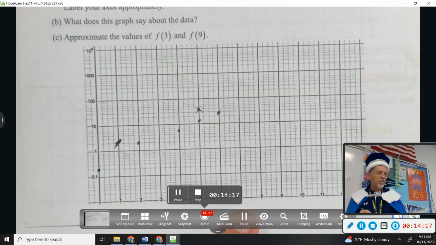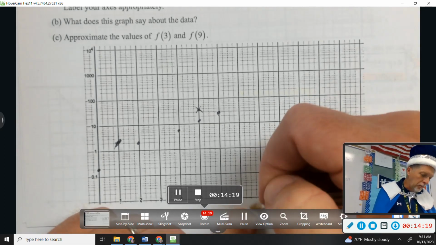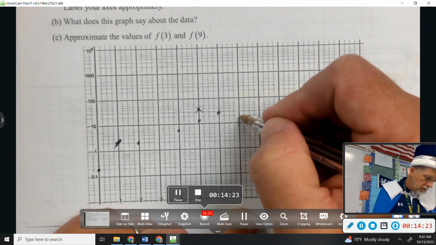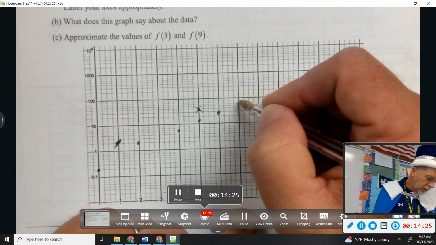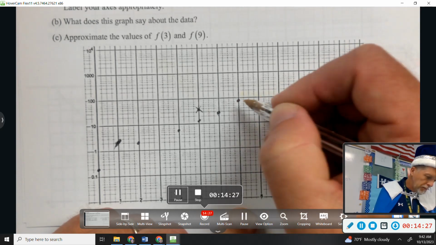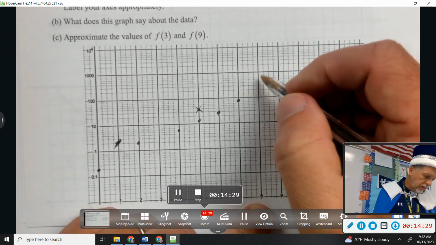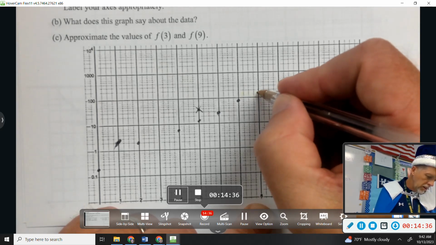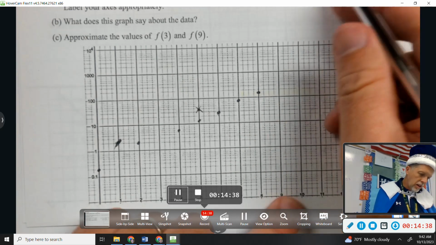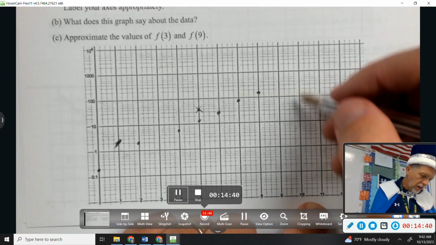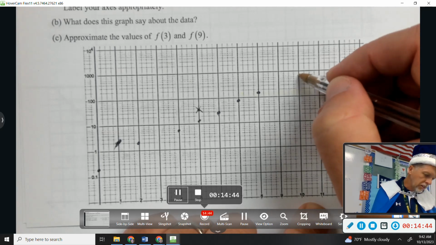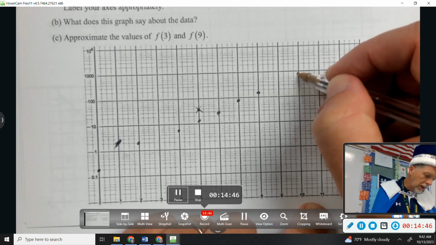If something looks way out of whack, I'm making sure I put it in the right spot. Then 8, 155, so I need to be in between 100 and 200. Then 10, 819, so way up toward the top, almost to 1,000.